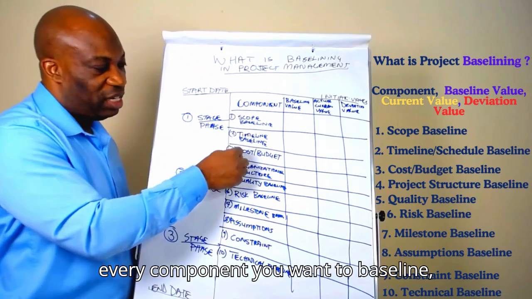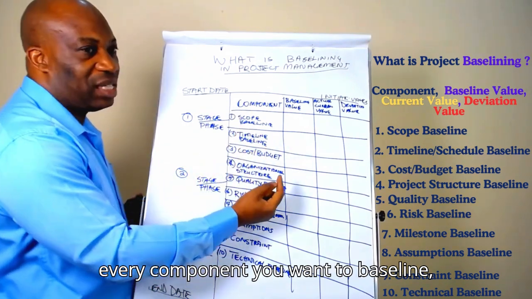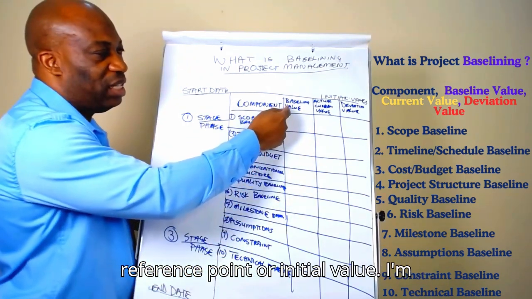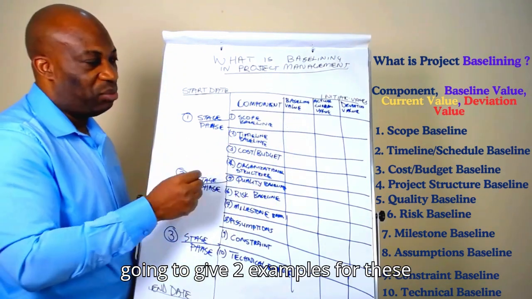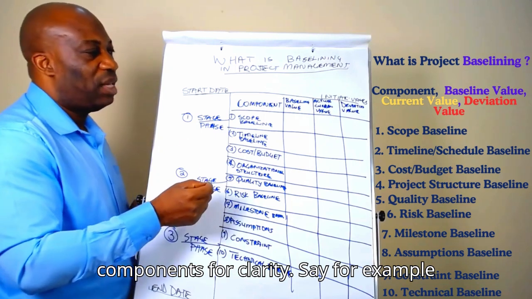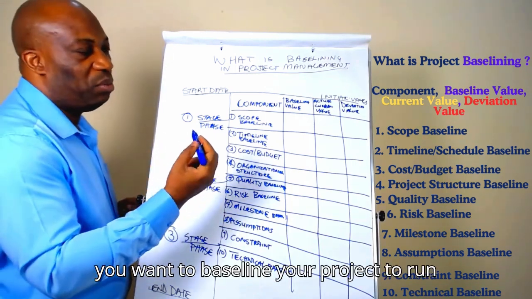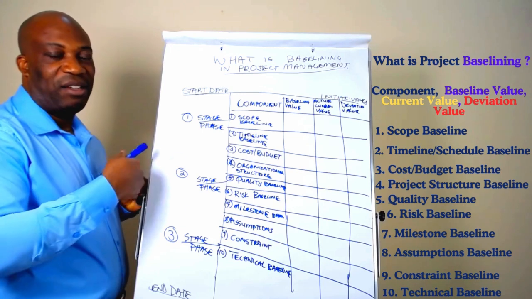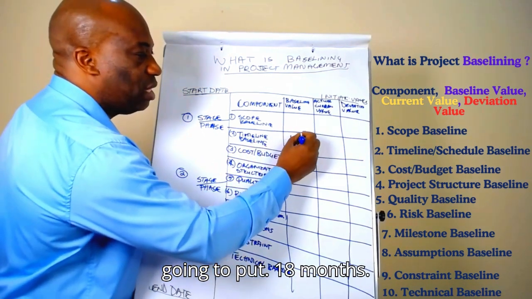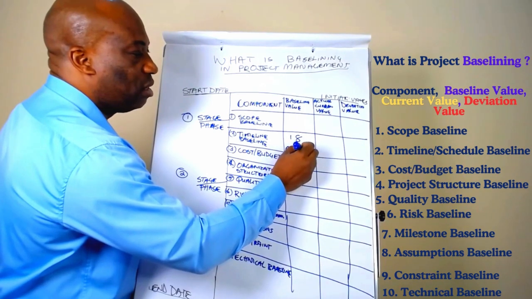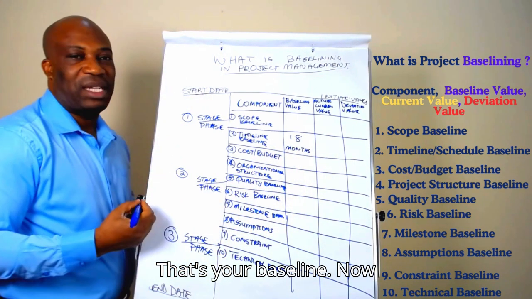So for each and every component, you want to baseline, which means you want to record the reference point or initial value. I'm going to give 2 examples for these components for clarity. Say, for example, you want to baseline your project to run for 18 months, okay? So you are going to put 18 months. That's your baseline.